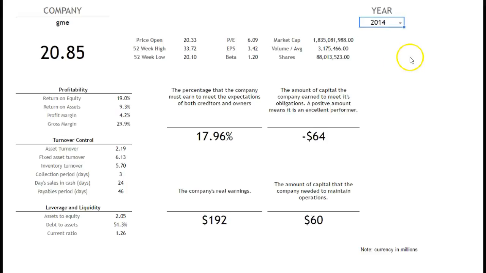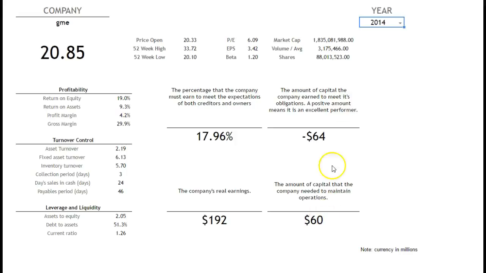Let's go to 2014, 17%, almost 18%, negative 64, 192, and 60. So we have two positives and one negative. Because the company earned almost 200 million and had 60 million of excess monetary funds to run its operations, that makes them a very good company.